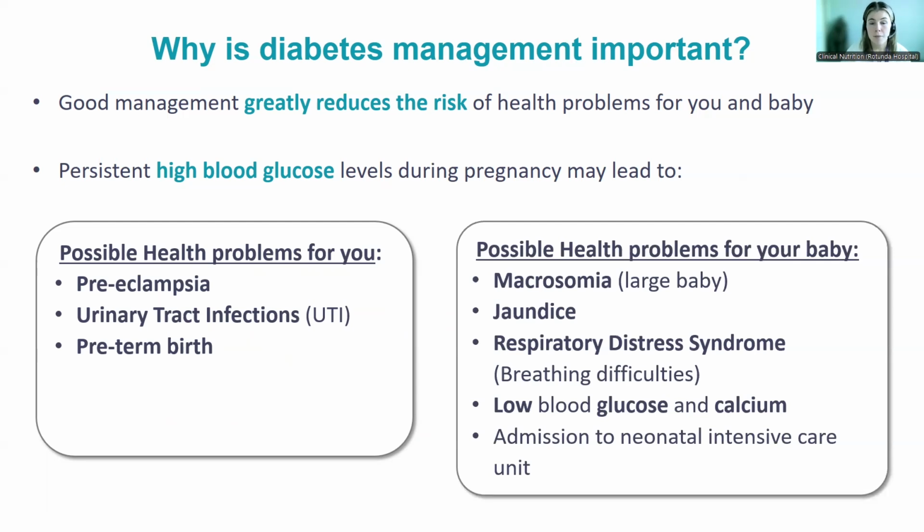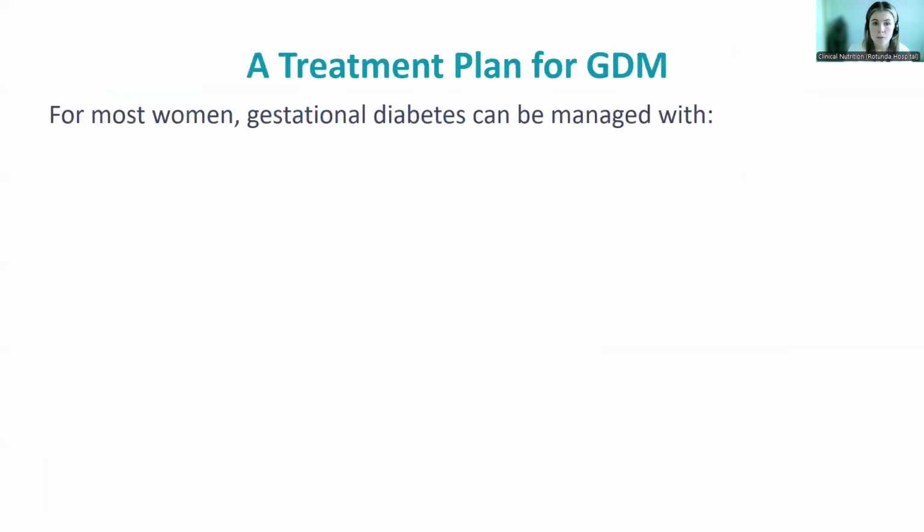I am really aware that this can be quite frightening and scary to hear all of these risks of gestational diabetes. But what we do know is that the majority of women go on to have healthy babies and healthy pregnancies. It just takes more careful care and management of their gestational diabetes. And we're going to go through the steps that we would recommend you to follow to help you manage your gestational diabetes going forward.